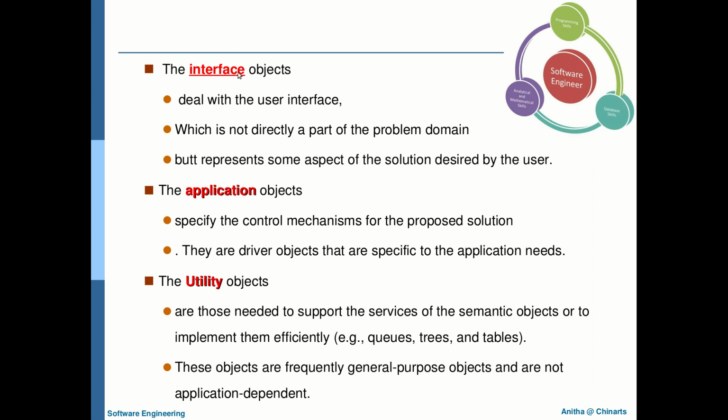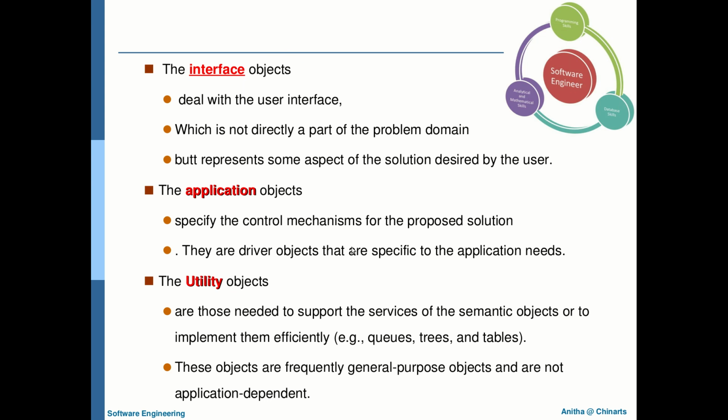All these interface objects will be dealing with the user interface, and this is not directly a part of the problem domain, but it will represent some aspects of the solution desired by the user. So if you want to communicate with the objects, you need a kind of interface, which will be the user interface, and those user interfaces will be represented as an object.